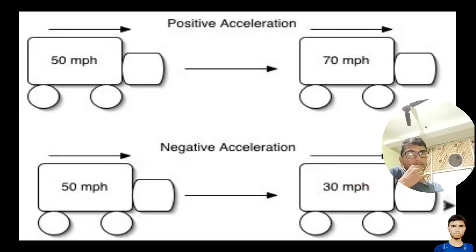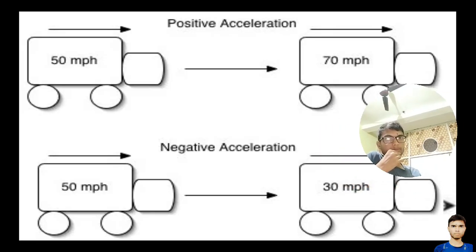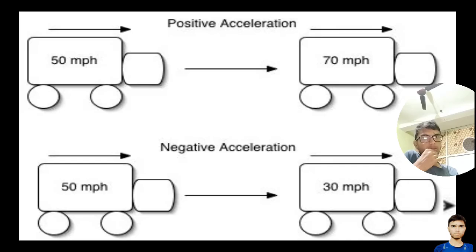Now we have two vehicles. Here, 50 meter per hour, and this is moving with 70 meter per hour. Here you can see this vehicle is increasing its speed, isn't it? Here the speed of this moving object is 50 meter per hour, and here the speed of this one is 70 meter per hour.